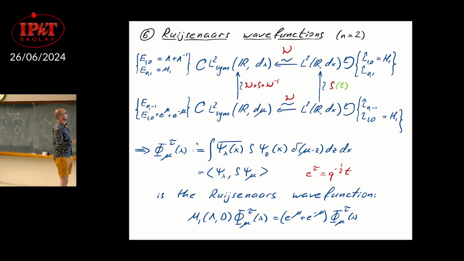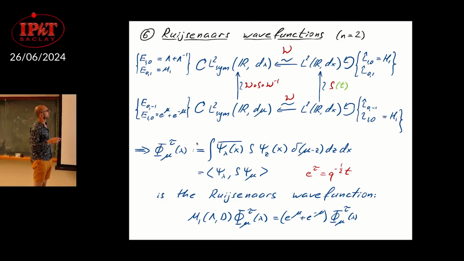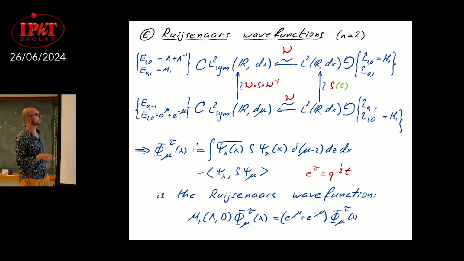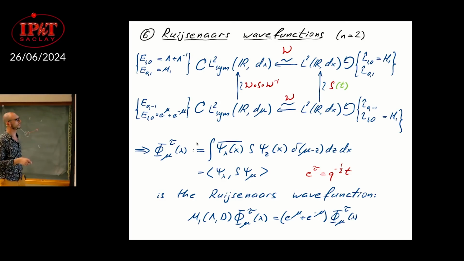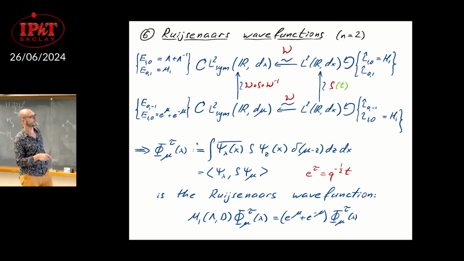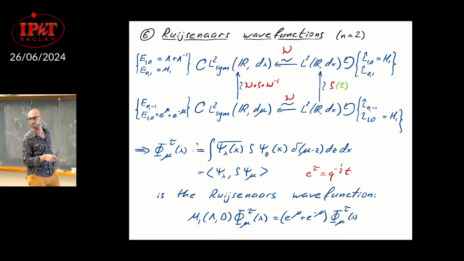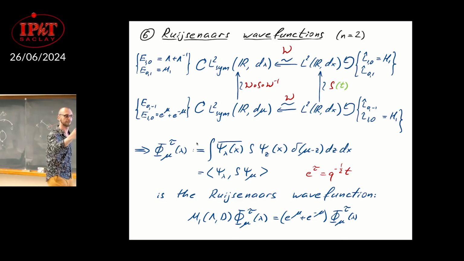It means that an eigenfunction for Macdonald operators, you can construct as follows. You take an eigenfunction for a multiplication operator, which is a delta function. You apply the inverse Whittaker transform, which is integrating against a Whittaker function. You apply the S transformation, and you apply the Whittaker transform, which is integrating against the complex conjugate of the Whittaker function.